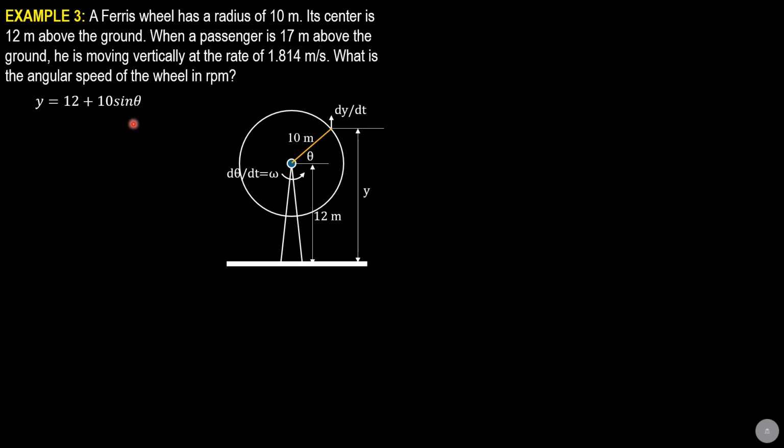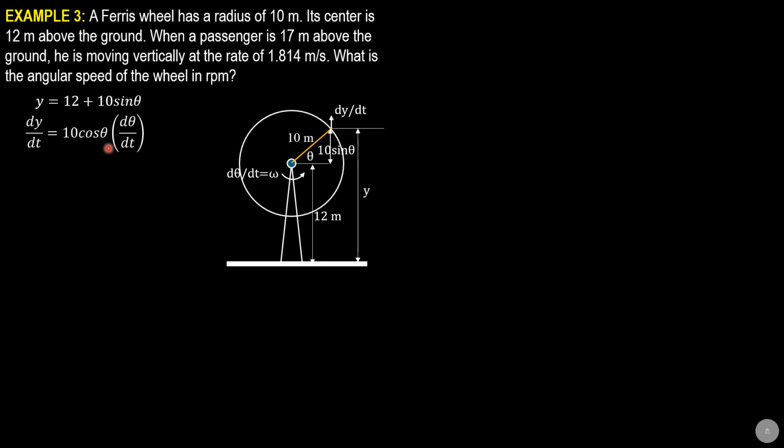Then the derivative of y with respect to t, the rate at which the man is rising relative to the ground, is dy dt. So the derivative of 12 plus 10 sine theta with respect to time is equal to 10 cosine theta times d theta dt, where d theta dt is the angular speed in radians per second.